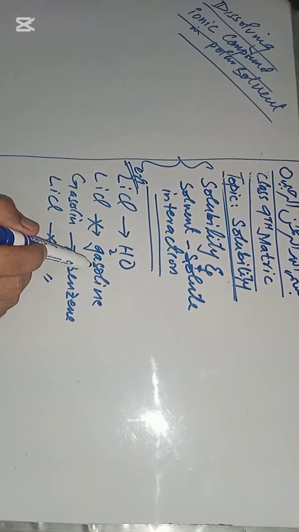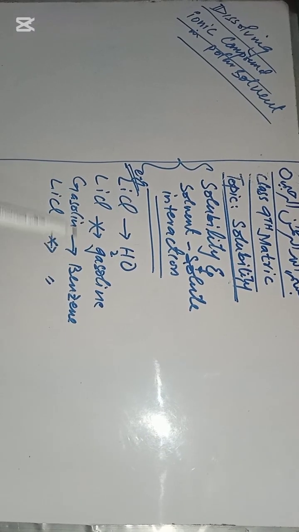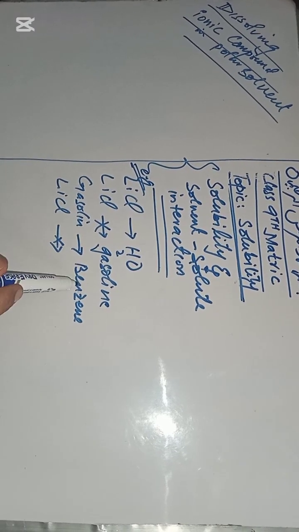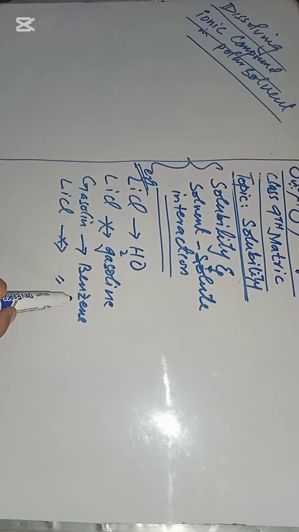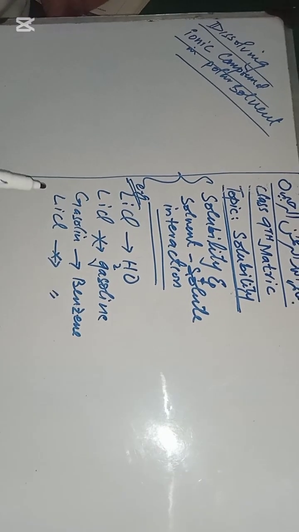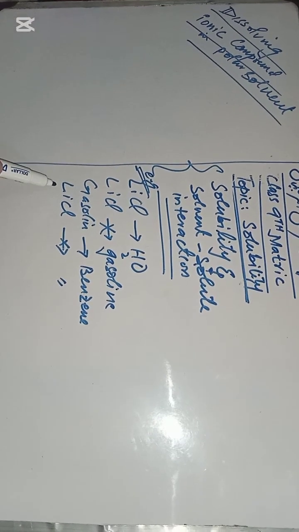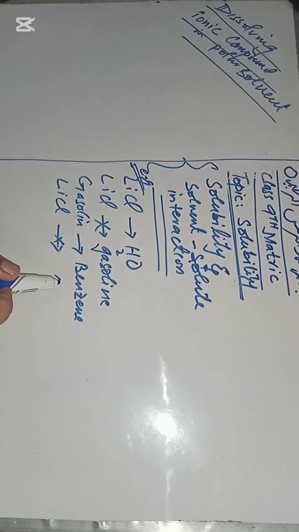the polar solvent. Similarly, these both are insoluble. Non-polar solvents and solutes can easily dissolve, like gasoline can better be dissolved in benzene. But lithium chloride, being a polar ionic compound, cannot be dissolved in benzene.